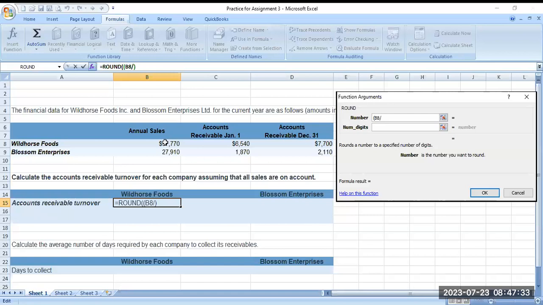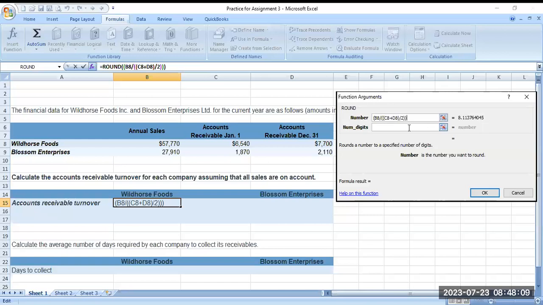The denominator is probably going to need two brackets, because first I'm going to have the accounts receivables at the beginning plus accounts receivables at the end in the brackets, divided by 2, and I'm going to close the next bracket. Now I close the brackets on my denominator. Let's close the brackets on the formula, and I'm going to see my result.